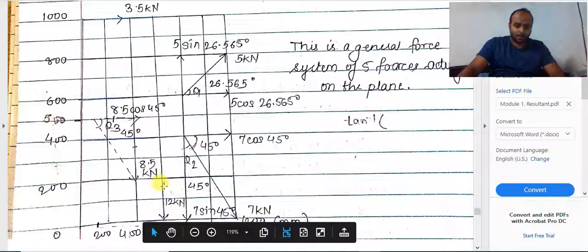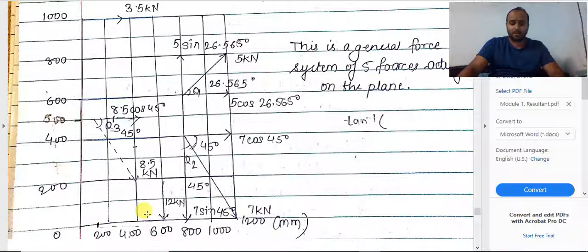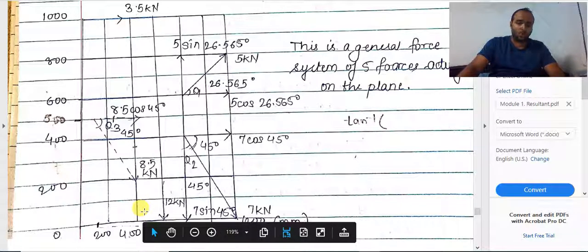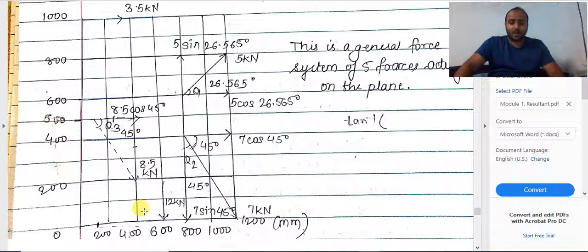Next, what about this 12 kilonewton force? Since it acts vertically downward, the same basic concept applies. You can keep your thumb pivoted at point O, definitely I'm talking about right hand, and with the help of the finger try to rotate in the direction of the 12 kilonewton force. Definitely it will be causing the body to rotate in clockwise sense.